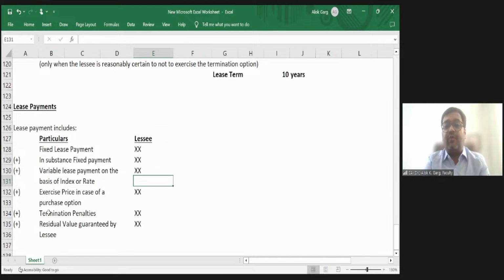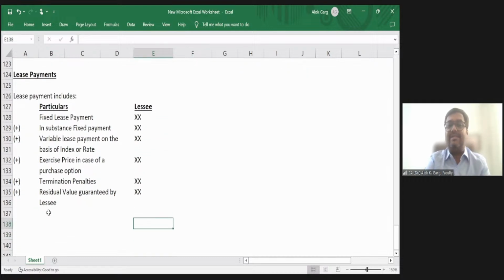Right? From the perspective of lessee, these are the payments which should be considered for calculating the lease payments. Same way, the lessee is doing the accounting when the lessee is paying these amounts.